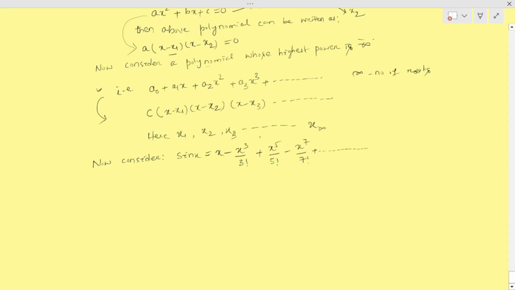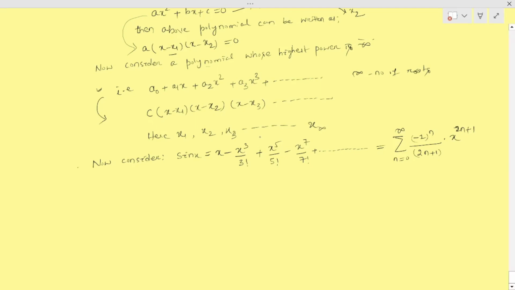It will continue up to infinite power, or we can write in general as sum over n equal to 0 to infinity of minus 1 to the power n divided by (2n plus 1) factorial into x to the power 2n plus 1. So here you can see, for this polynomial the highest power is infinite, so n moves from 0 to infinity. So x to the power 2n plus 1 means x to the power infinite.